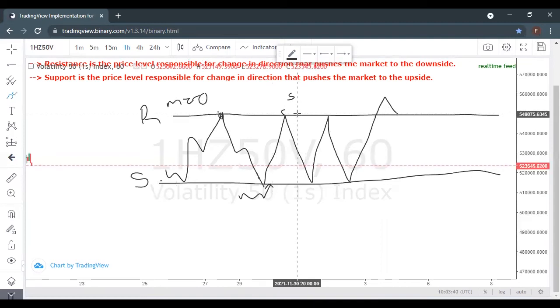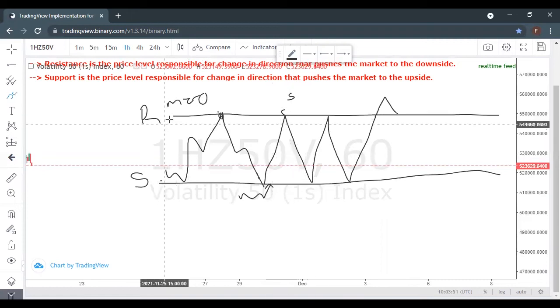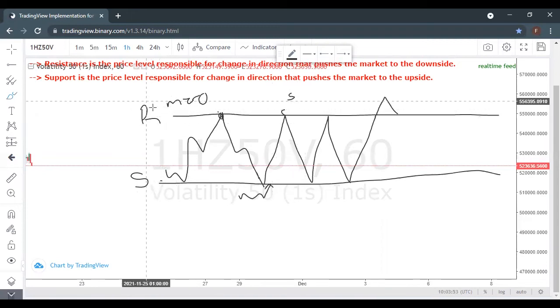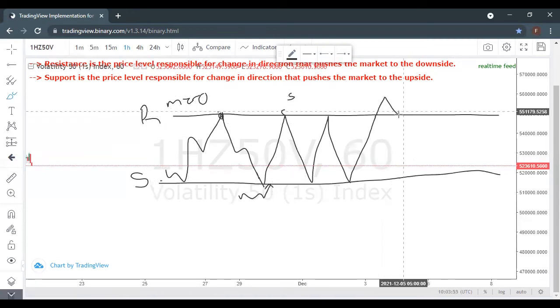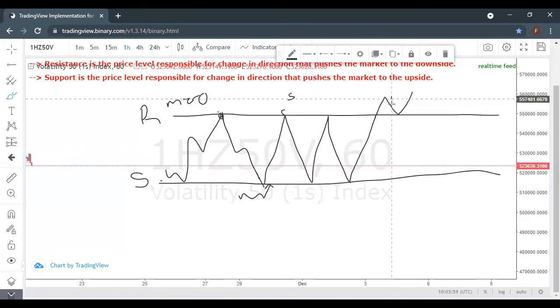So it focuses more on those levels and areas. Once a level or a zone is broken, it has to be retested. In other words, this level that has been acting as resistance is going to act as support. So the market will come forward for a retest.